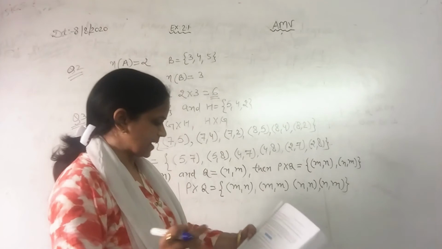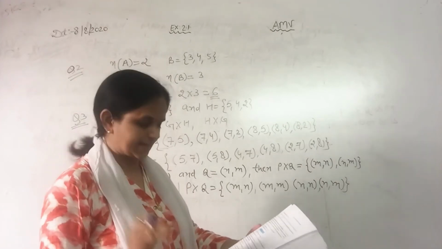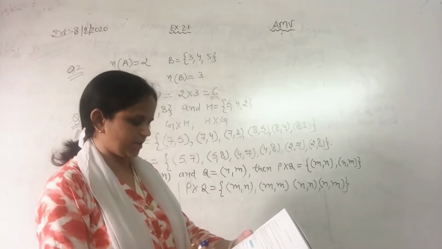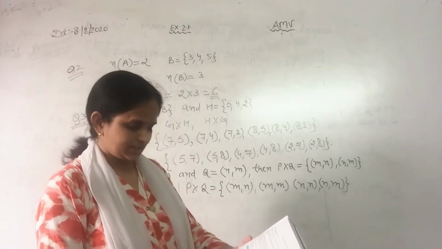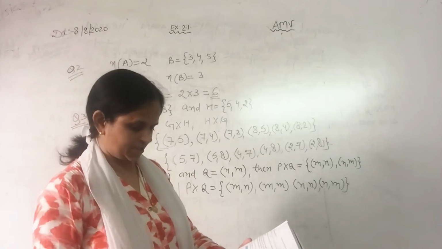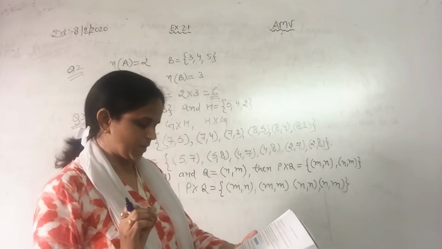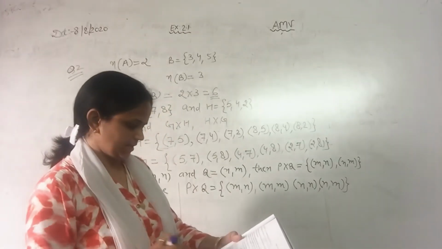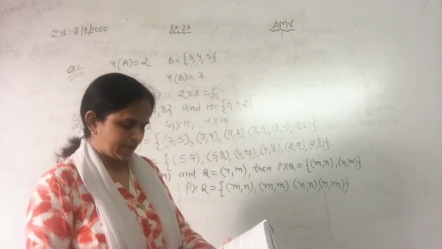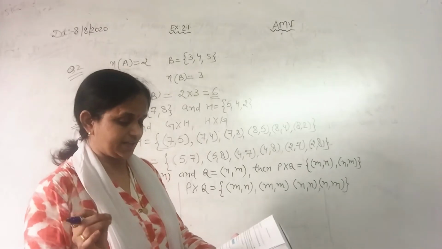Now second part of this question: if A and B are non-empty sets, then Cartesian product A×B is a non-empty set of ordered pairs (x, y) such that x belongs to A and y belongs to B. It's a true statement, since it is an important result I told. Next, the third: if A is given {1, 2}, B is given {3, 4} and Cartesian product of A and B intersection phi is phi.